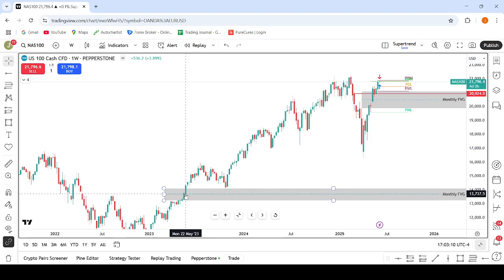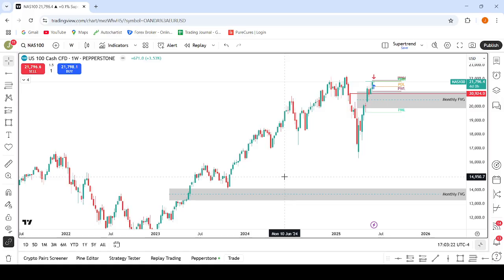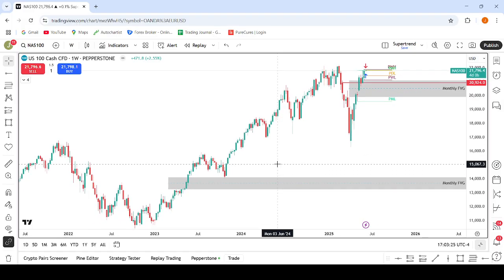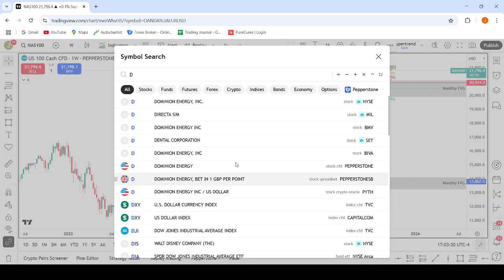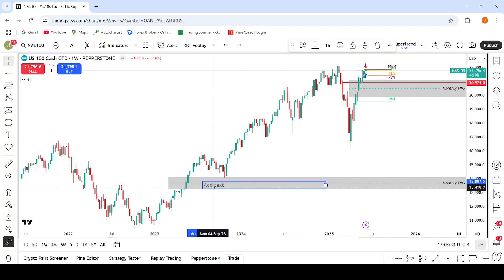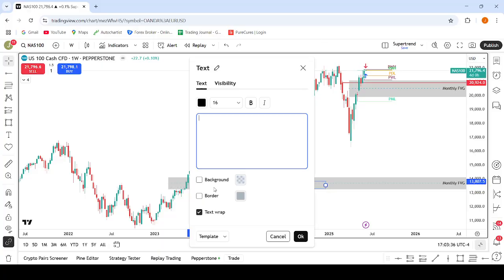I mean, it didn't go right down into that high, which is the consequent encroachment of this gap. Does price have to come back down to this area for it to become a balanced price range? I don't know. Somebody can tell me in the comments.